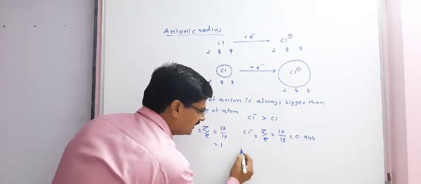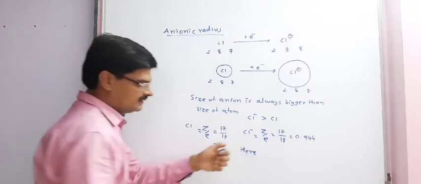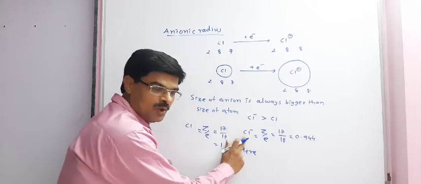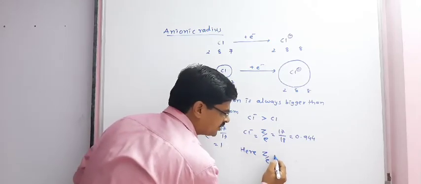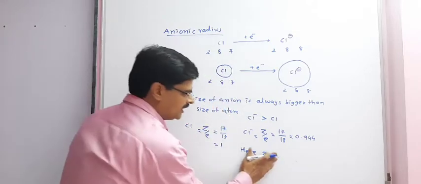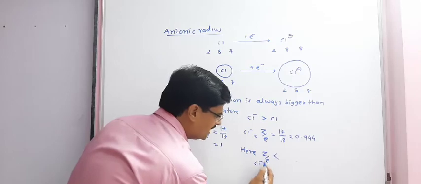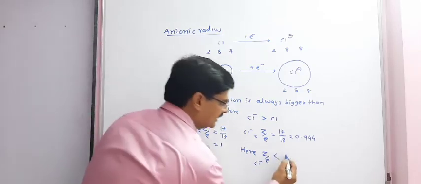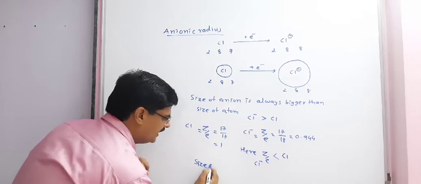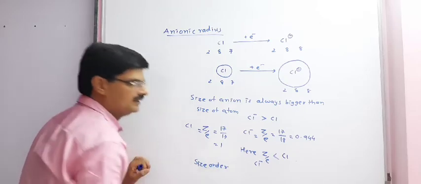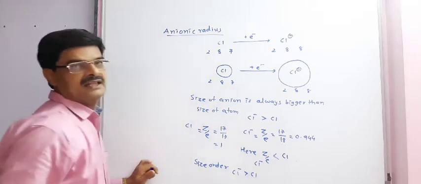Here we can say that the Z upon E ratio for Cl minus is smaller than for Cl. Therefore, the size order is Cl minus greater than Cl.